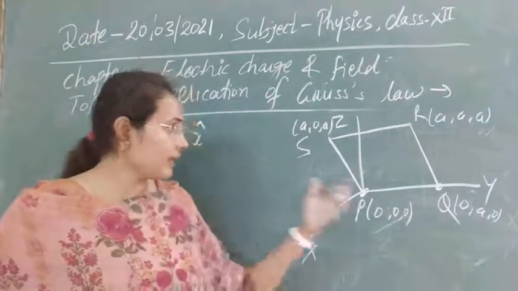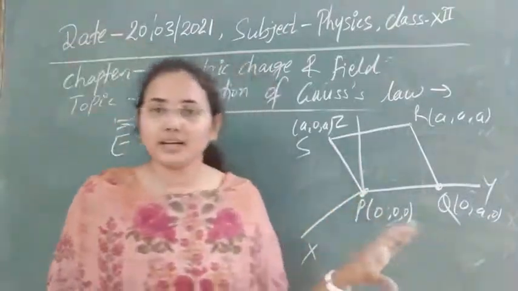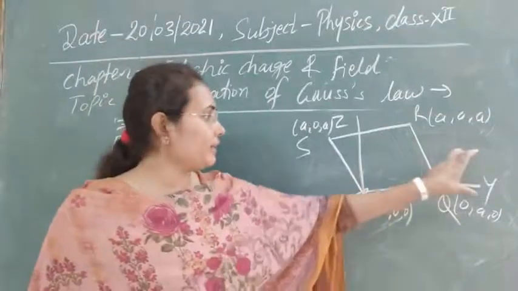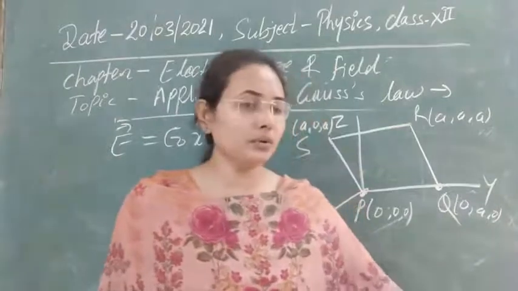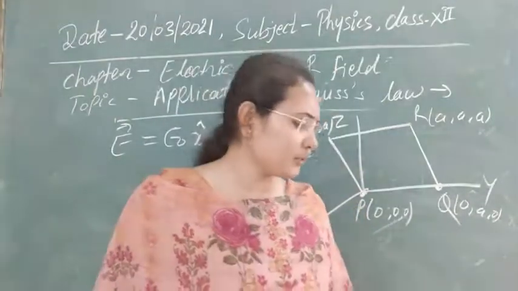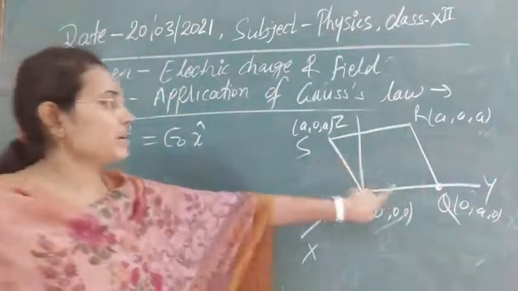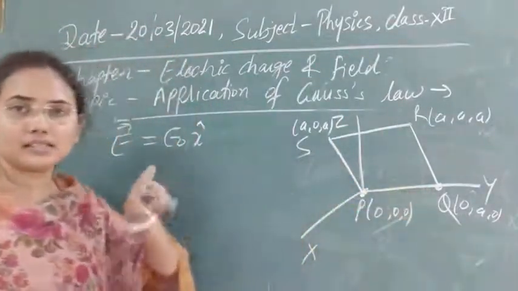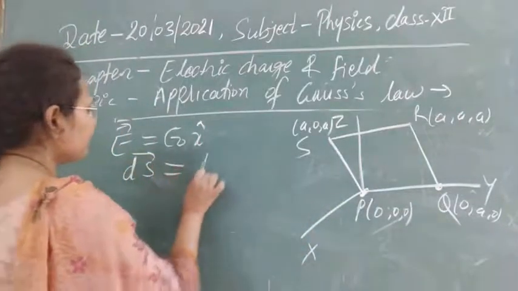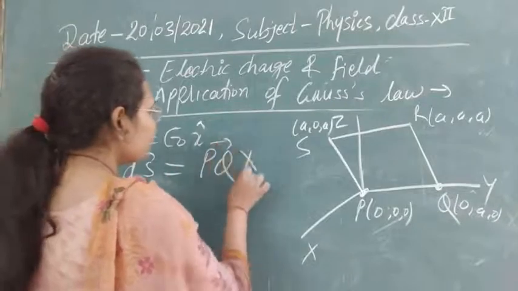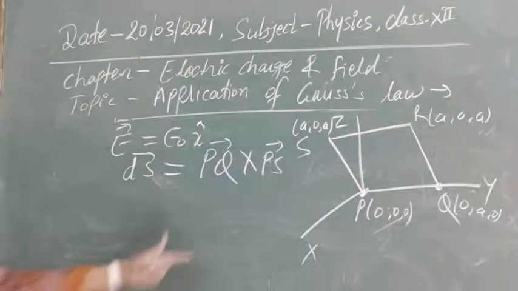As you know, the area of this parallelogram can easily be calculated by the vector cross product of any two sides, like PQ and RQ, or PQ and PS, the adjacent sides. So this area ds is given by vector PQ cross vector PS.